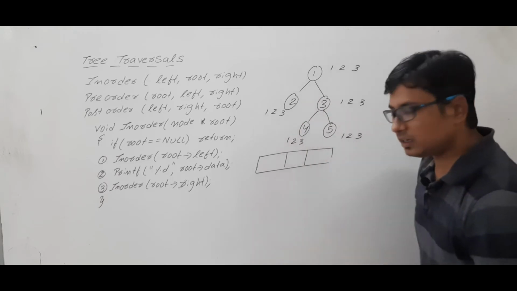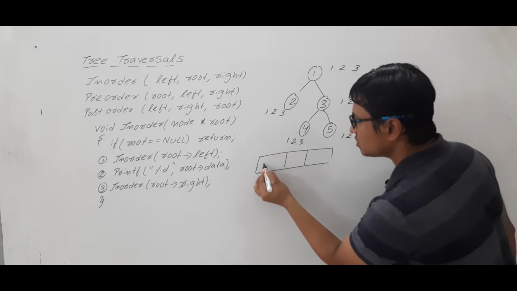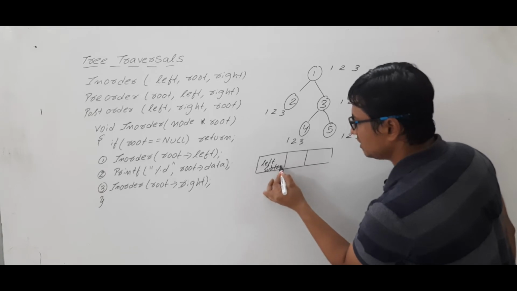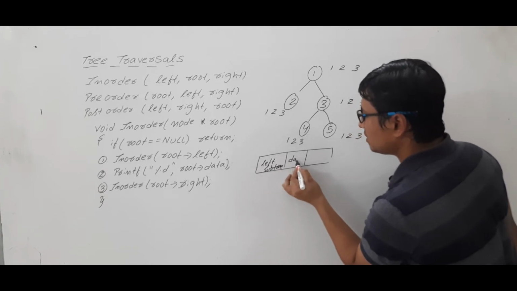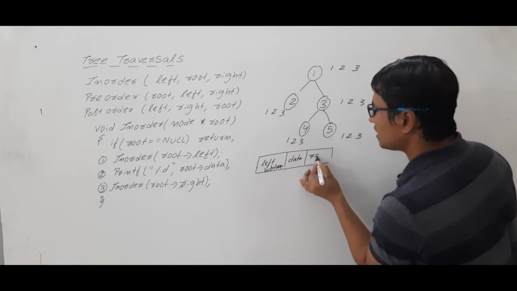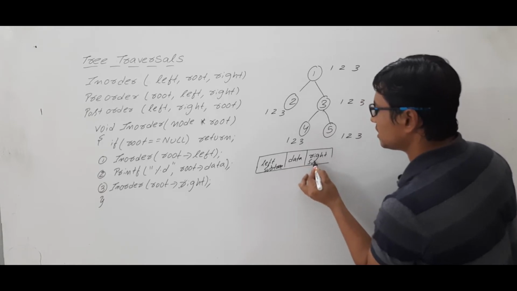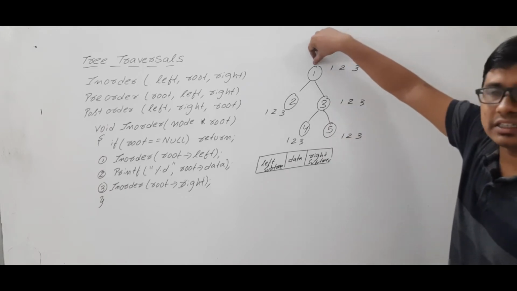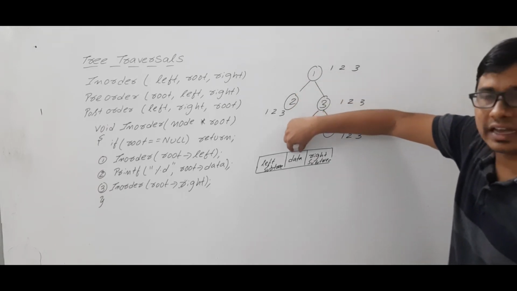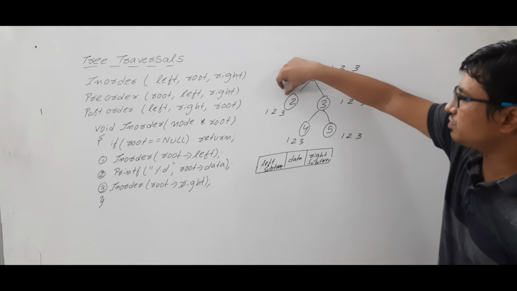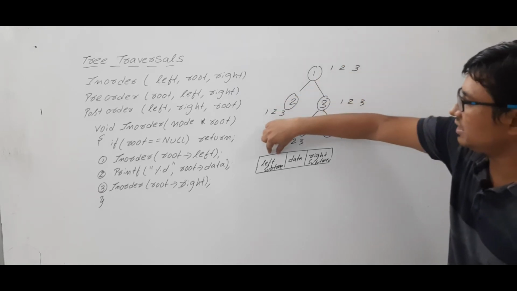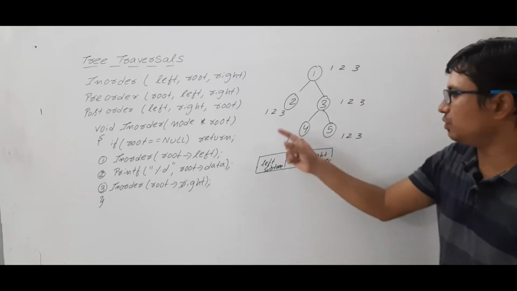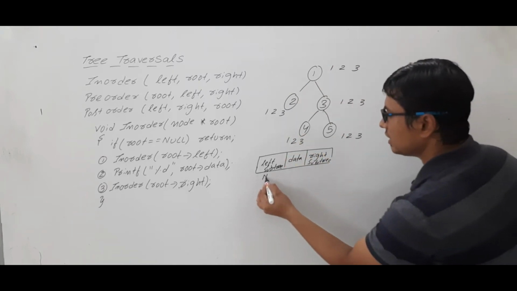Here, if it is a binary tree, it will consist of the address of the left subtree if it has anything, then the data, and then the address of the right subtree. Is it clear? If you consider the root node, it will have the data 1, the address of node 2 here, and the address of node 3 here. If it is a leaf node, then you will have null.